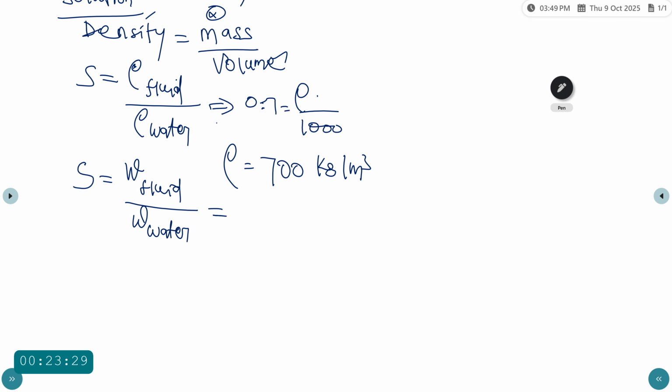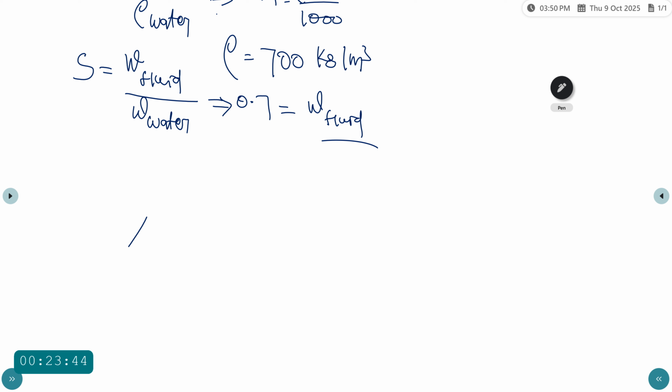So 0.7 equals specific weight of the fluid divided by 9810, which is the constant value of specific weight of water.